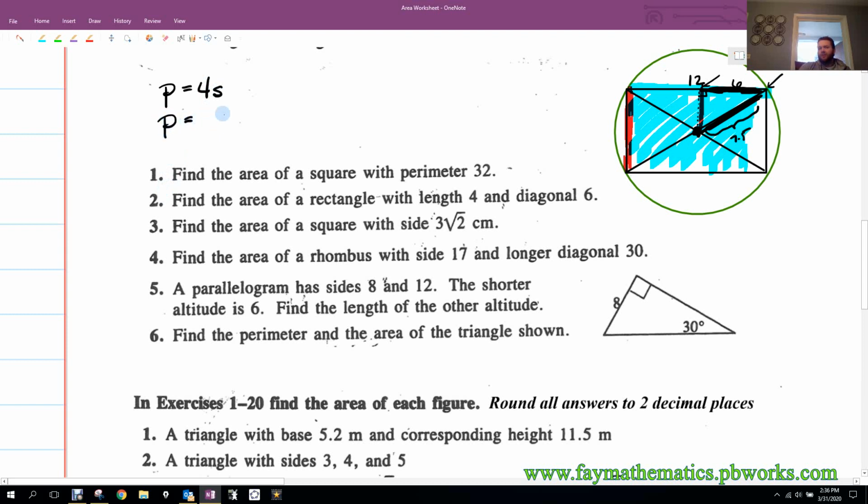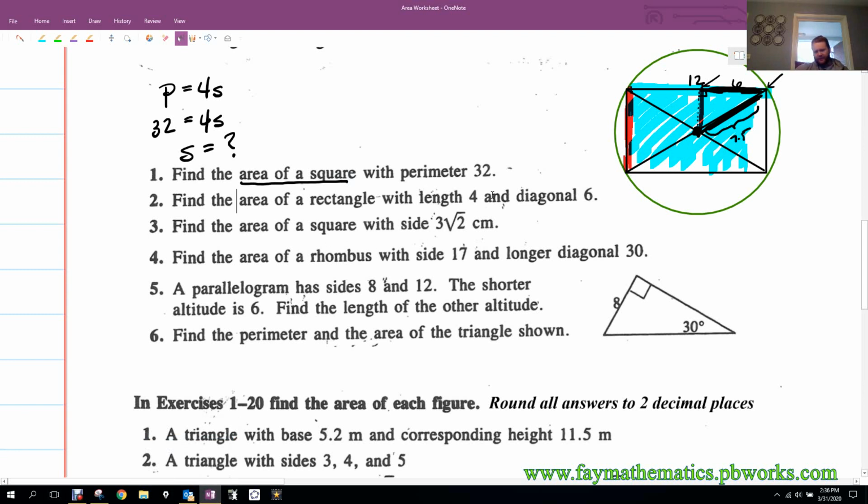So here they're saying the perimeter then is 32. So I did it this way. 32 is my p, and I've got 4s. You can solve then for s. Figure out what that is. And then once you have s, how does that allow you to find the area of a square?